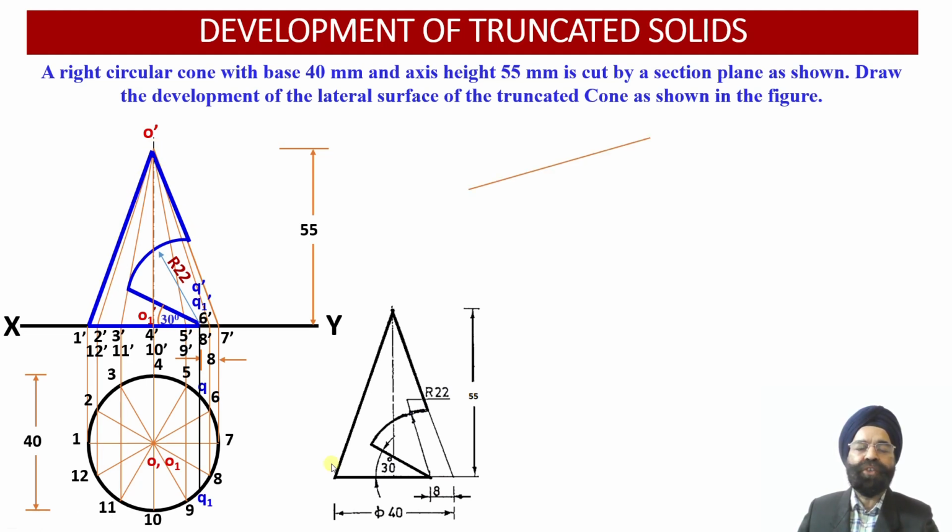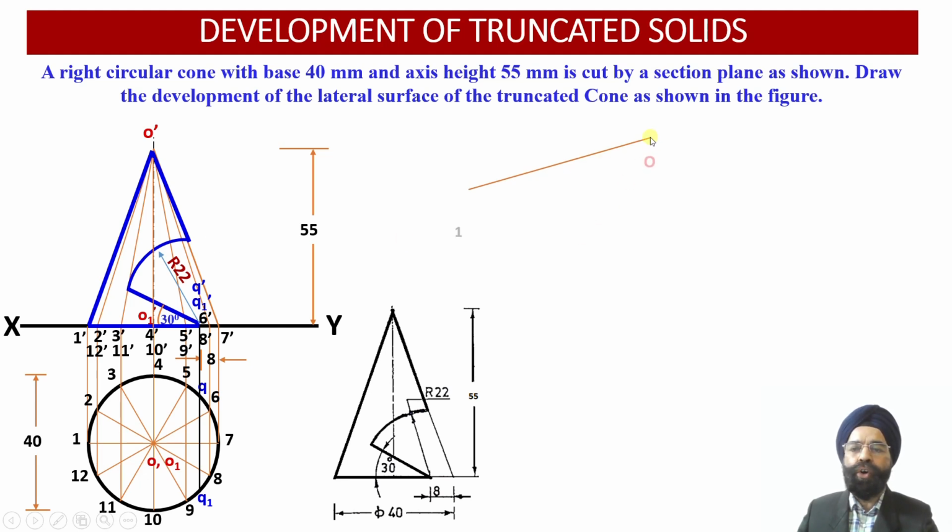So now let us first of all proceed with the evaluation of development of lateral surface of the untruncated or uncut cone over here. To begin with, we have already discussed O1' and O7'. These are the two slant generators lying on the extreme or the boundary of this cone in the front view elevation projection view. These two slant generators are represented as true length of the slant generator in the front view projections over here.